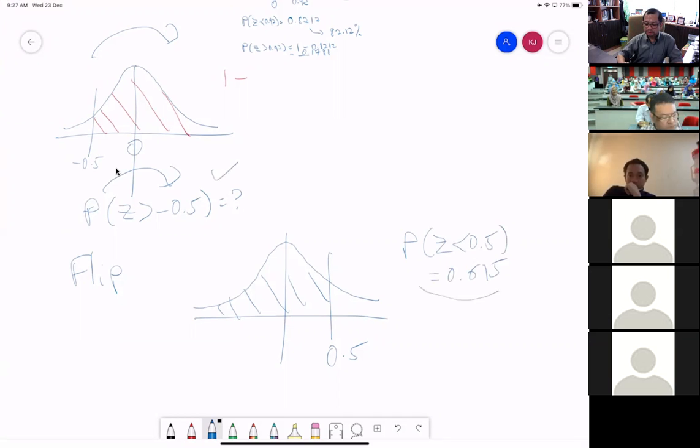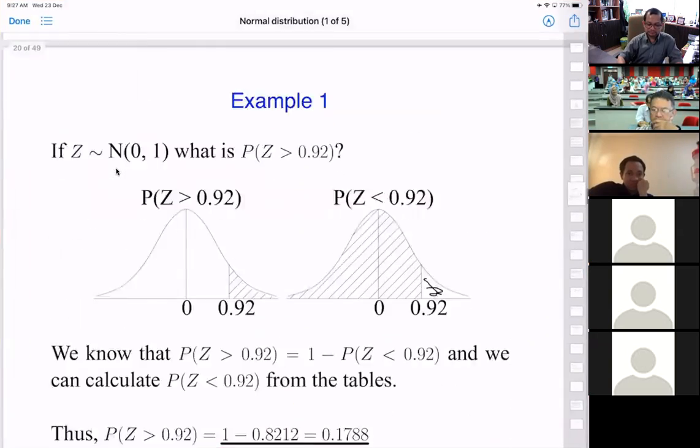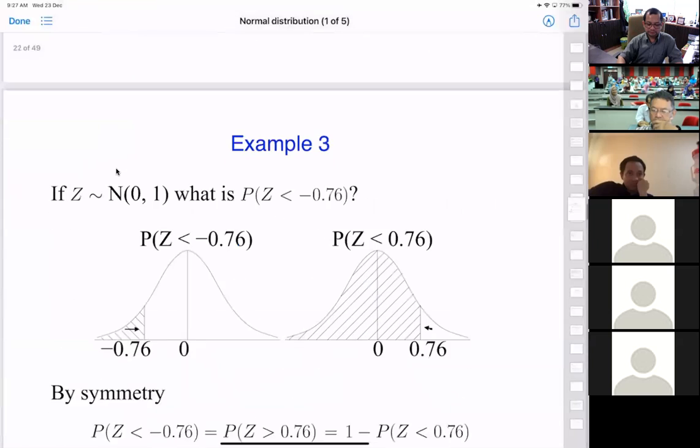So the answer is 0.6915, because we flip this curve.